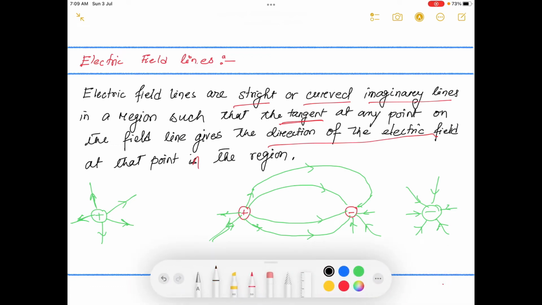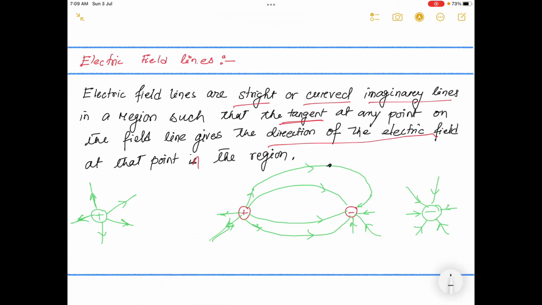Here, if you draw a tangent at any point on this line, suppose this is a point, the arrow should be given in the direction from positive to negative. Here is the positive, this is the negative, so I will give the arrow sign in this direction.